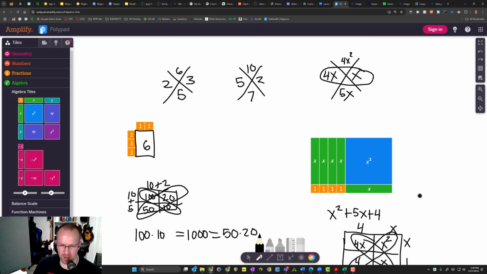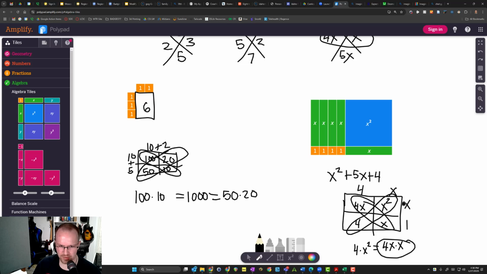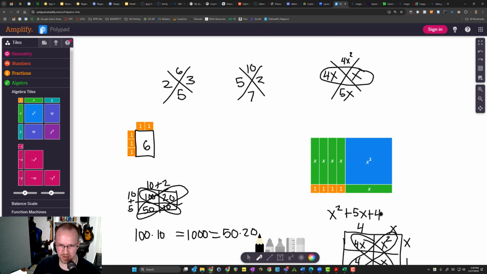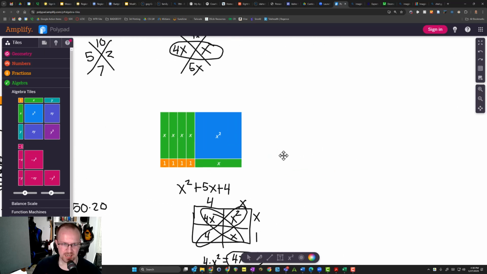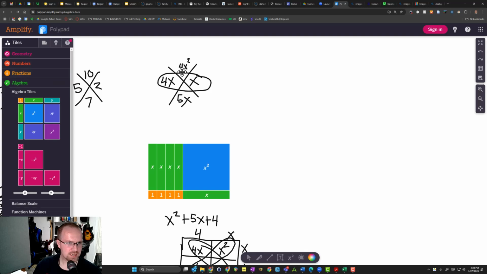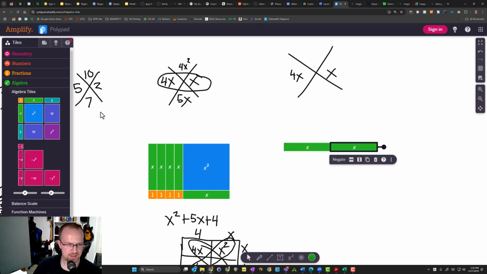There's a problem with this, though. If you're modeling this, there's actually another way to model this that is not the same quadratic. And that's where this gets a little tricky and a little sticky. Just to give you an idea of going through the process, if I started with 4x and x, what if I chose to group them in this orientation instead?